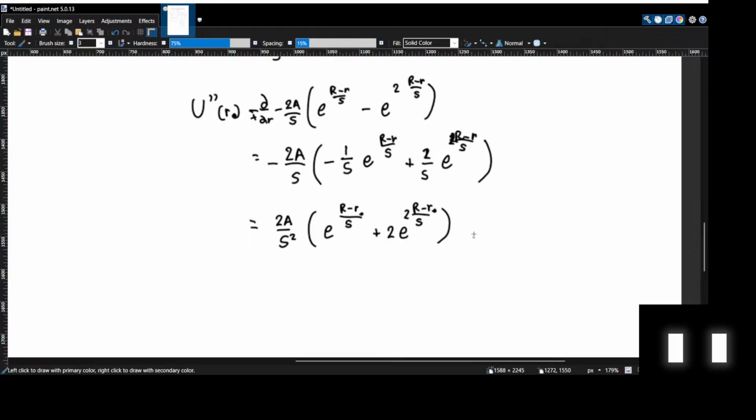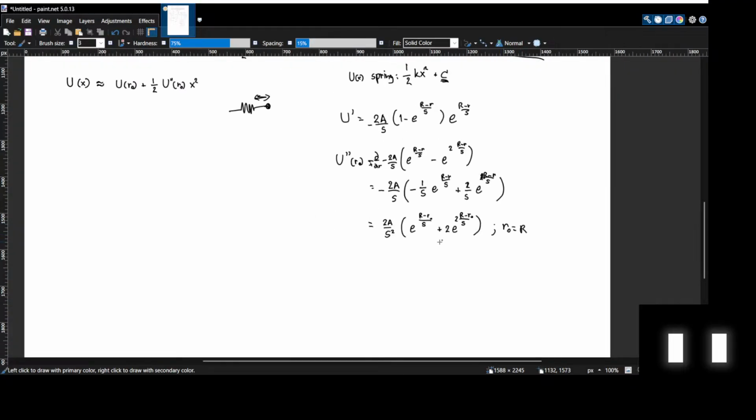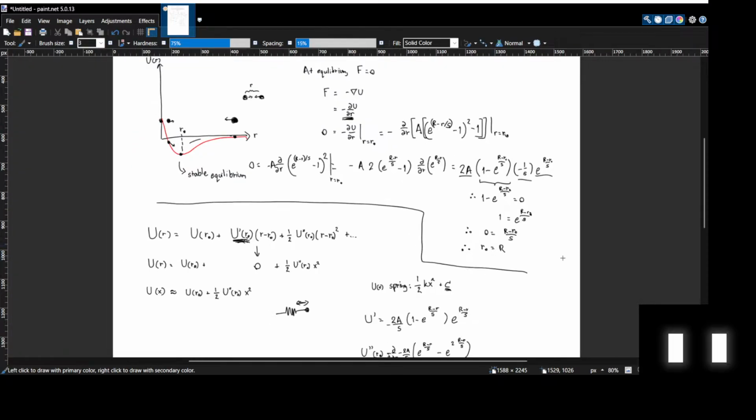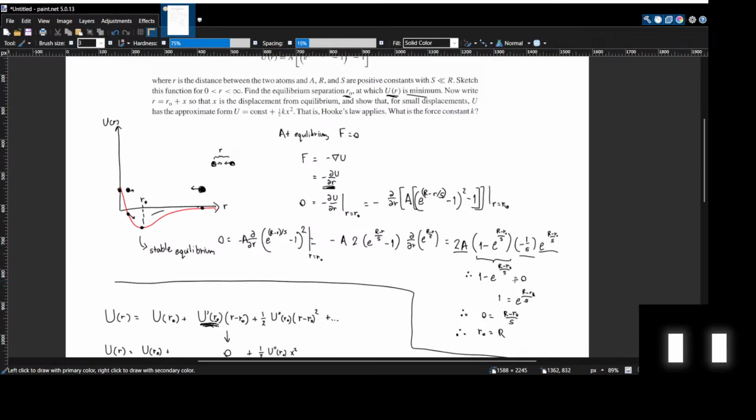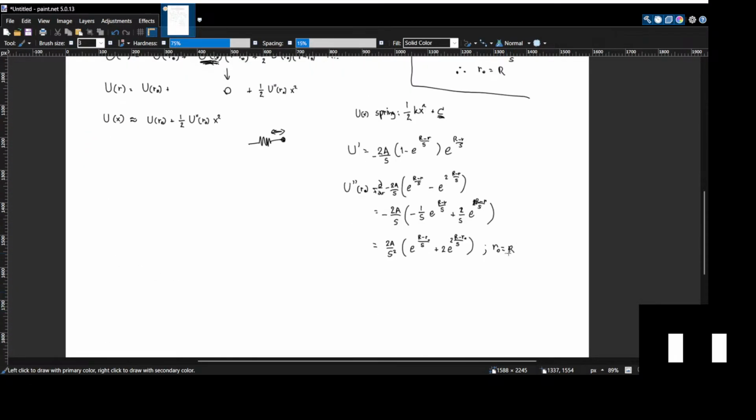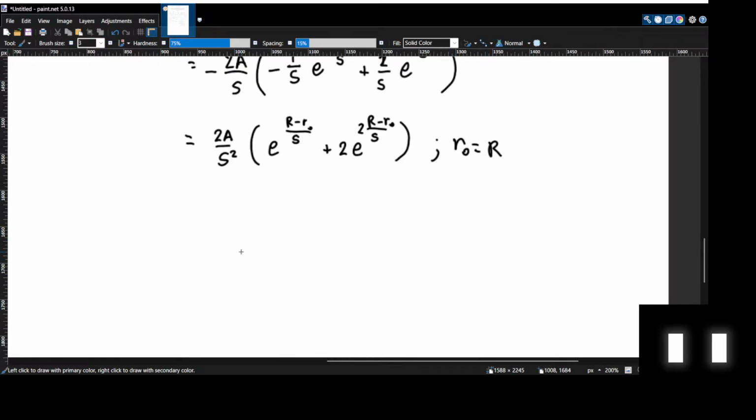But we know that r naught is equal to R because that's where the point of equilibrium is. We found this earlier, like 5 minutes ago. So we plug it in, and this term becomes e to the power of 0, which is 1. This term becomes, sorry, this is supposed to be negative. This term becomes e to the power of 0, which means this becomes negative 2. So we'll end up with 2a over s squared times 1 minus 2.